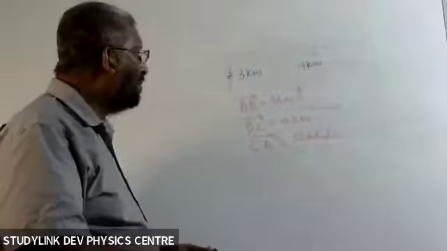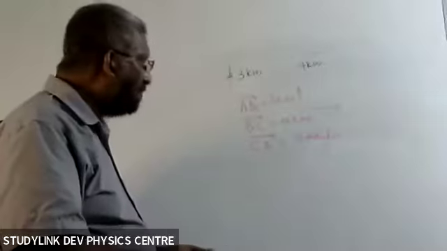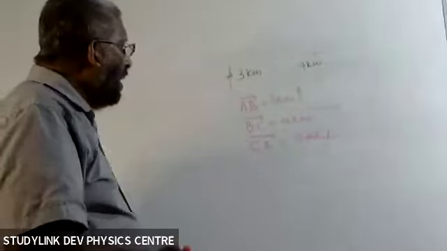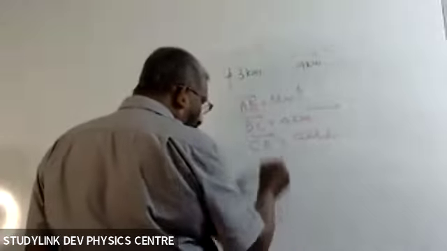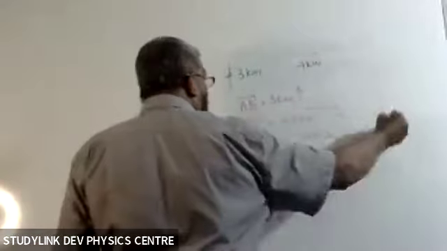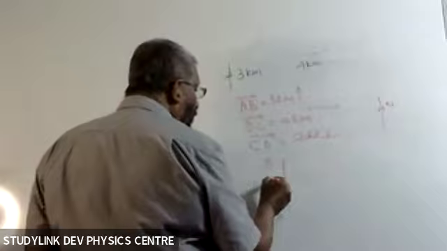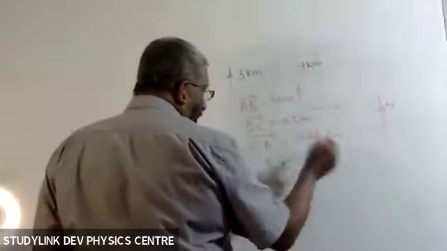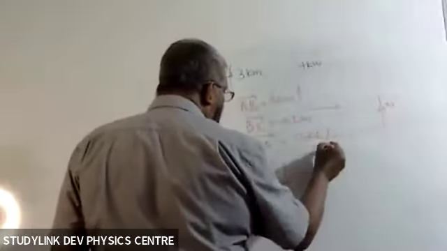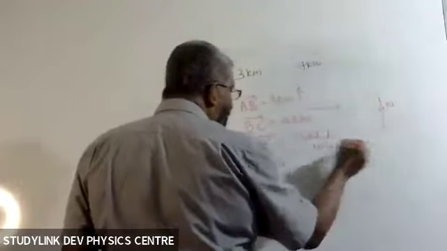Now we'll consider it in this way. We have to draw AB from A to B. North is here, we consider north like that. So A to B. Why? 1 centimeter represents 1 kilometer.